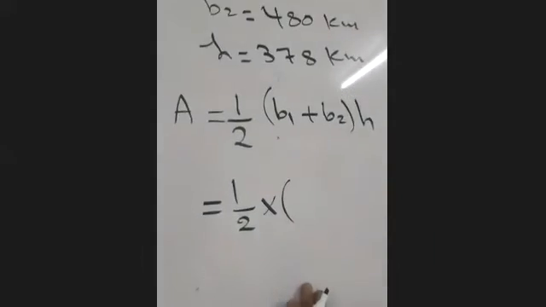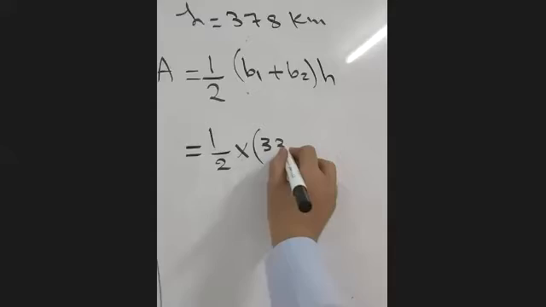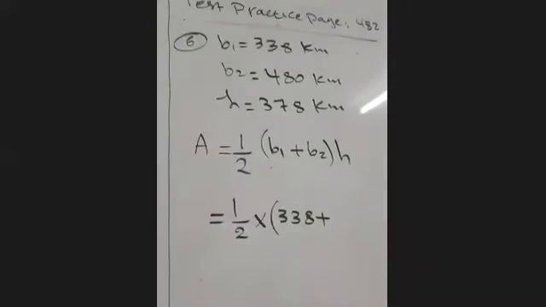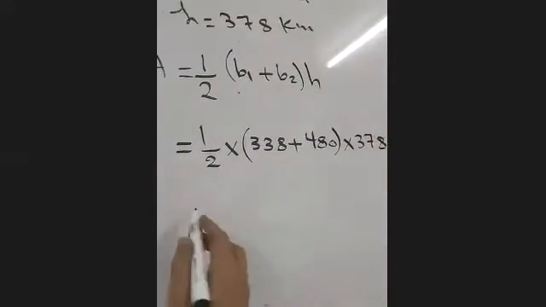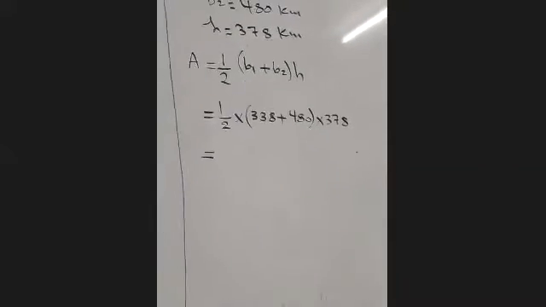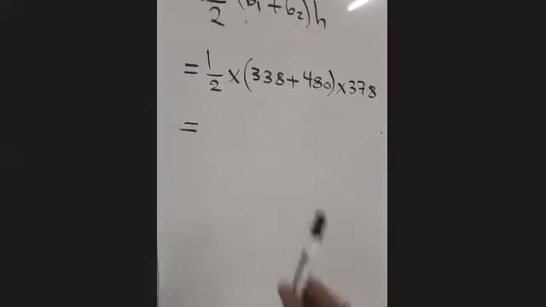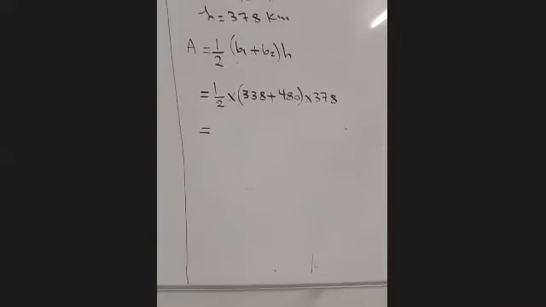How much is base 1? 338. Plus 480. Multiply the height, how much? 378. Okay. Now, how do we find this area? We add the brackets, then divide the number by 2, then multiply, right? I will use my calculator to save time.